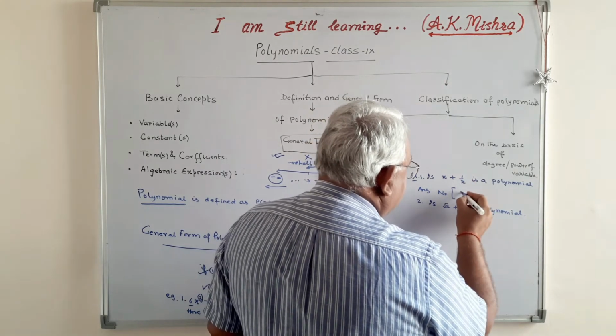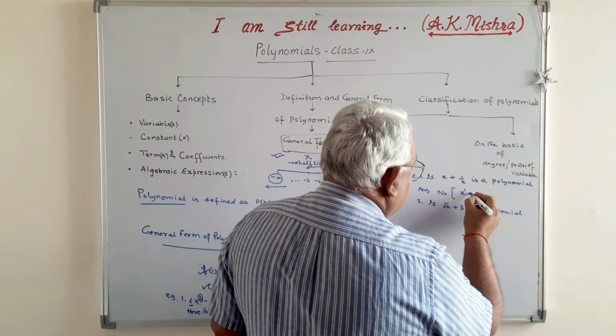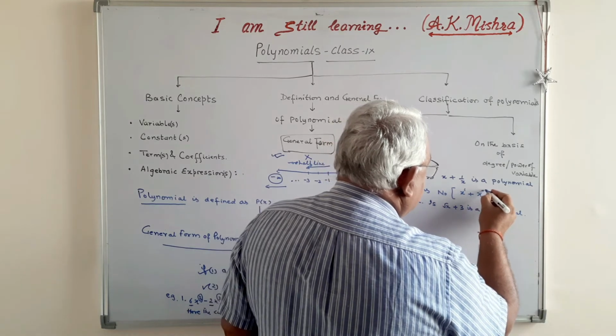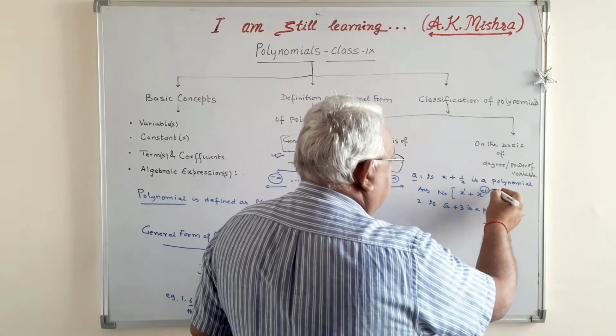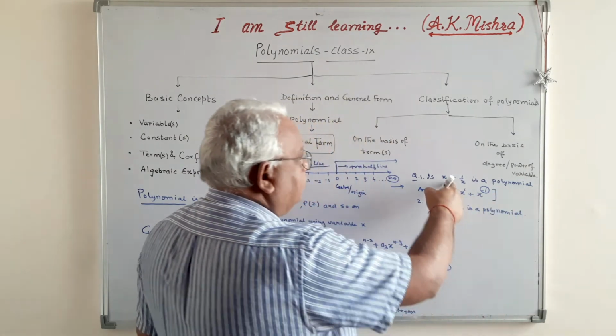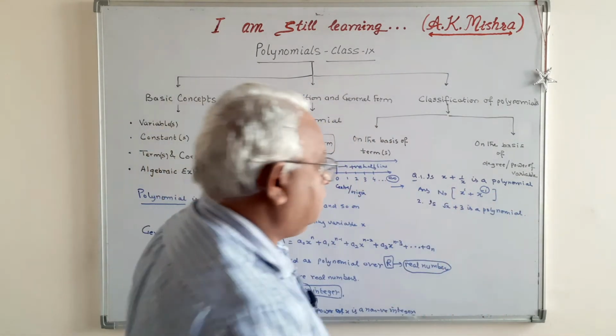Because this is x to the power 1 and this is x to the power minus 1. The power is negative, that is why this is not a polynomial.